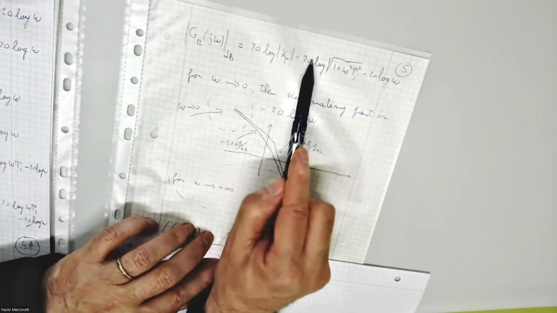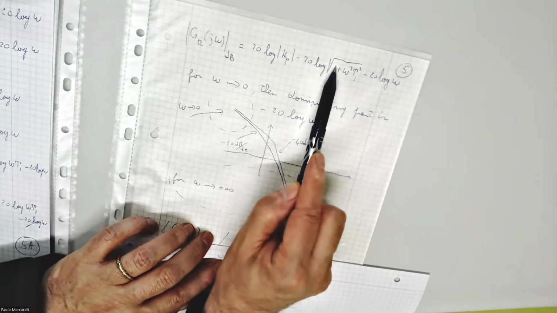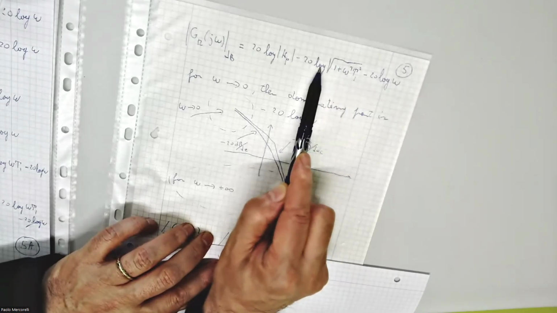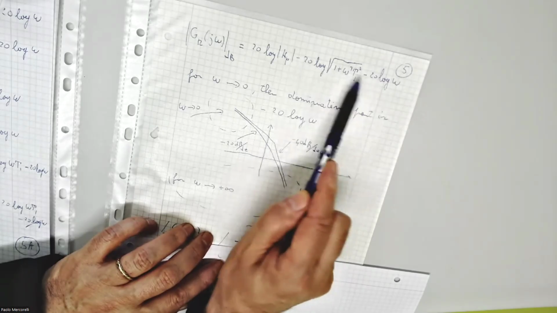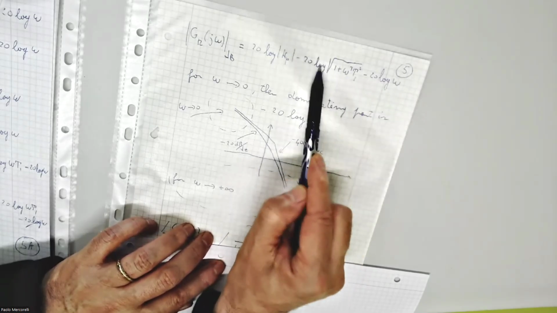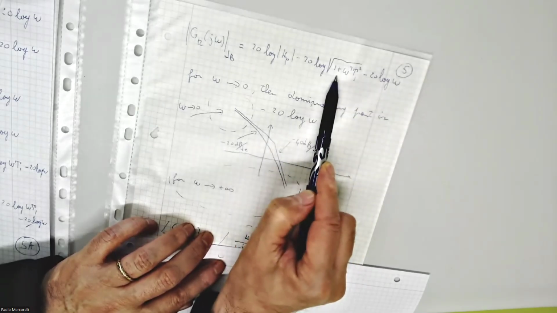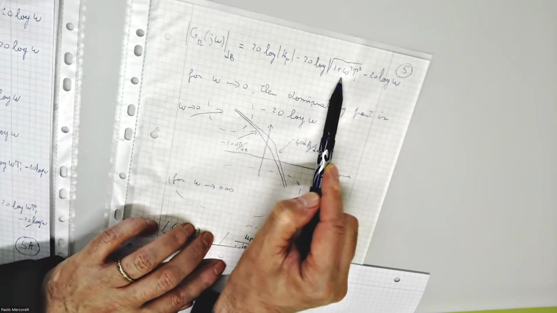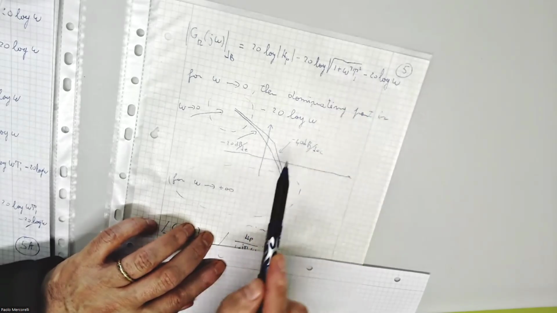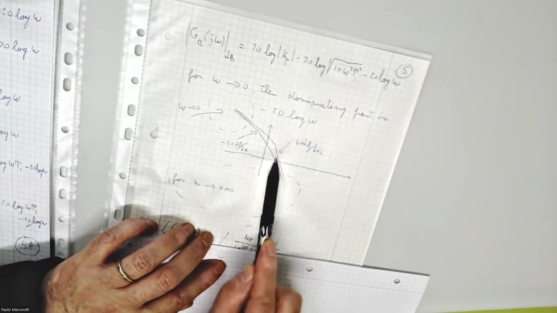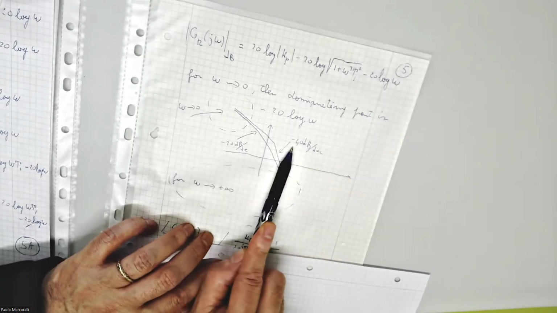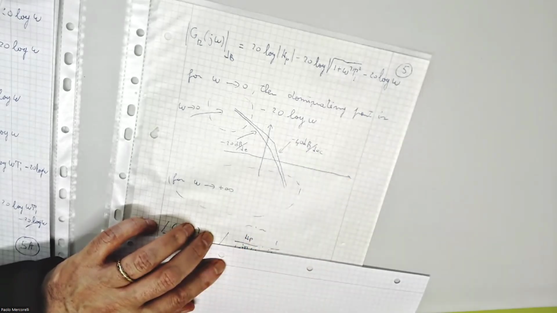This is basically as before, the root of omega squared T1 squared. This means we have minus 40 log of omega, because this expression for omega large is the logarithm of omega. Therefore, we sum up these two contributions. We have here asymptotically minus 40 dB.